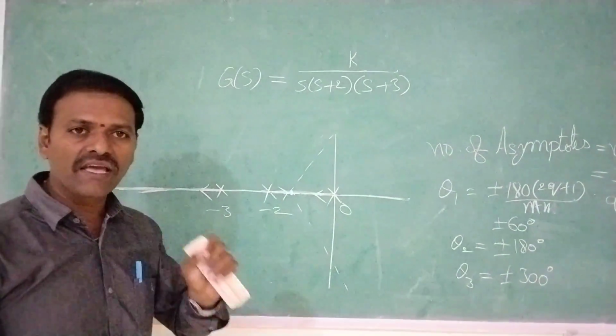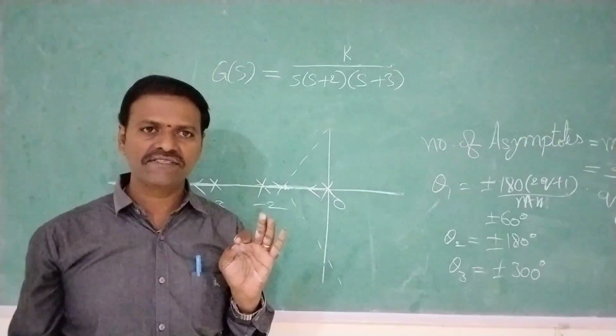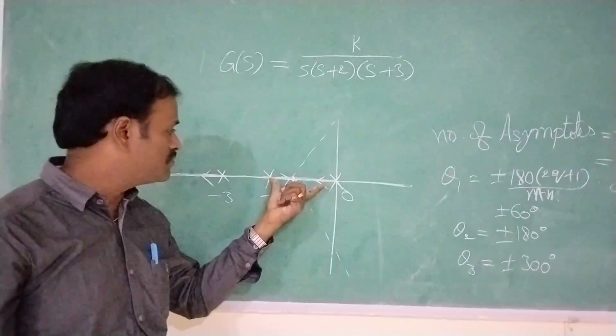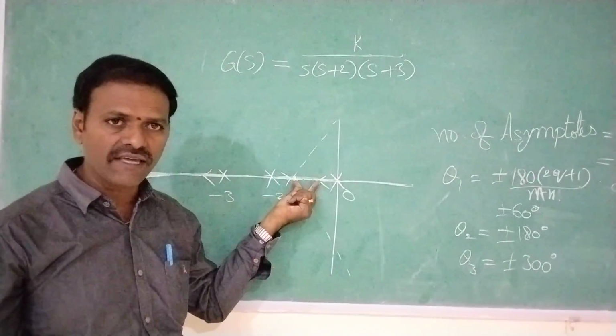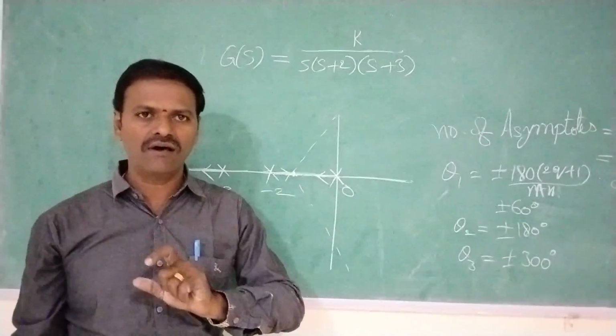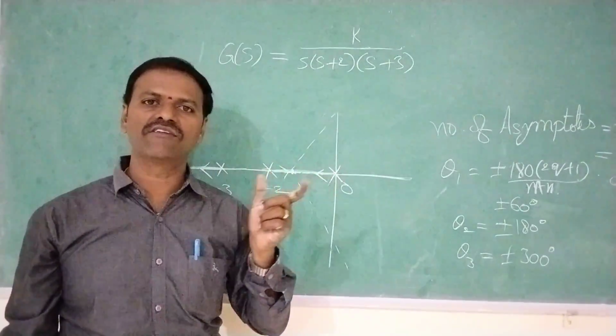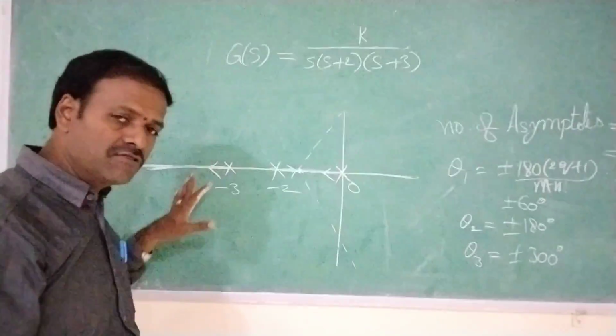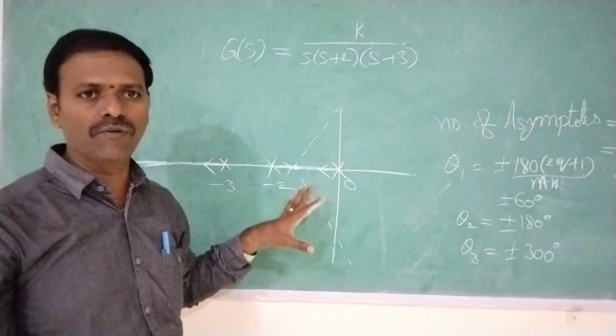That point is said to be the break away point. Here we have break away and break in point. Break away point occurs between two poles on the root loci, and break in point may occur between two zeros or between a zero and infinite. So here we don't have zeros, so we'll get only break away point.